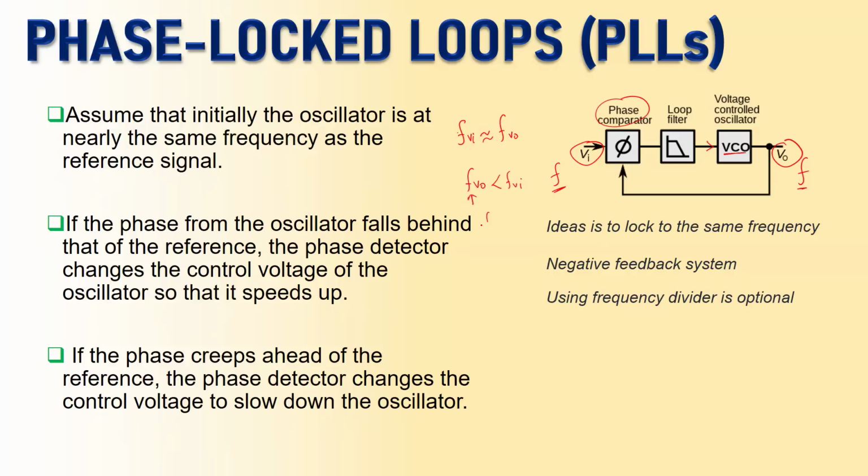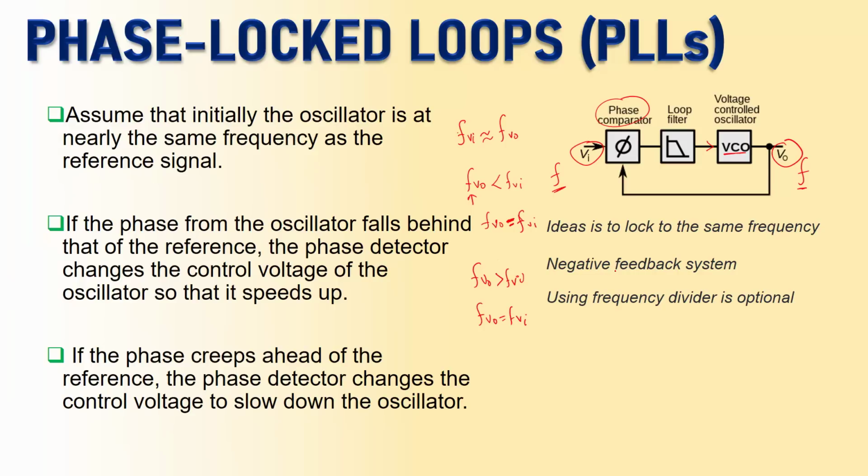And so again, FVO will become, not approximately this time, but equal to the input frequency. For the opposite case, if FVO is greater than FVI, then again the control voltage will be adjusted so that FVO becomes FVI again. So that is how things will happen.